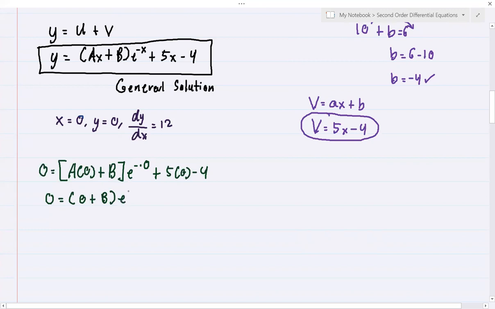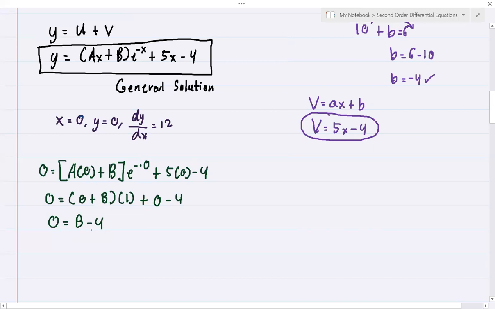Negative times 0 is still 0, and remember, anything raised to 0 is equal to 1. Plus 5 times 0 is 0, and minus 4. Simplifying further, we have 0 plus b times 1, which is still b, then 0 minus 4 is negative 4. So that is your b.